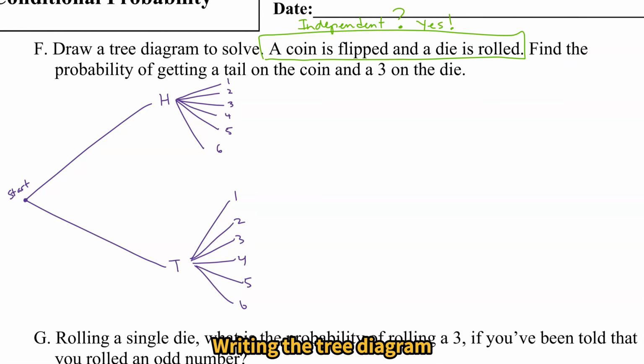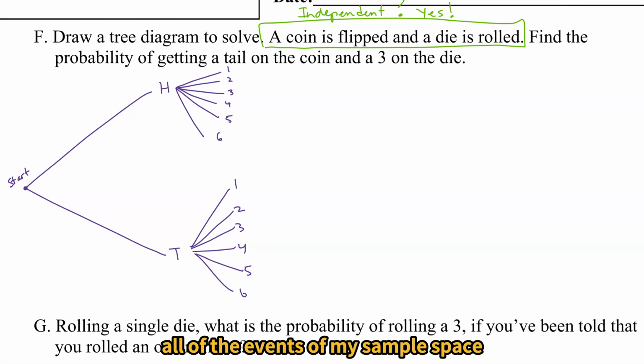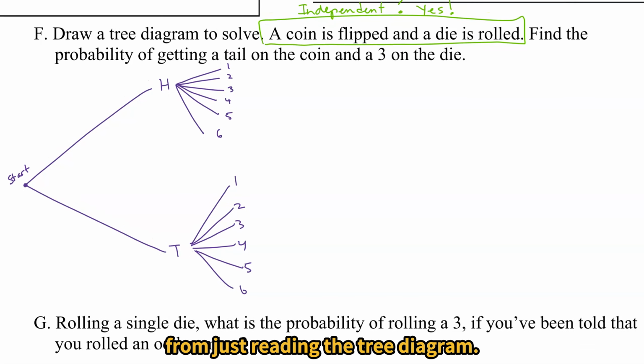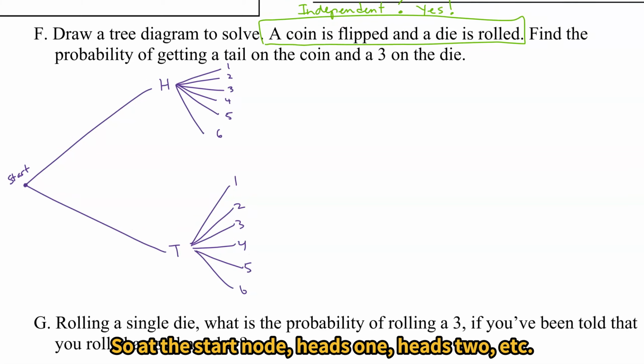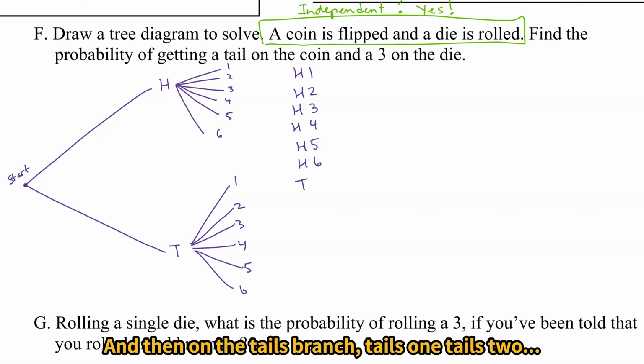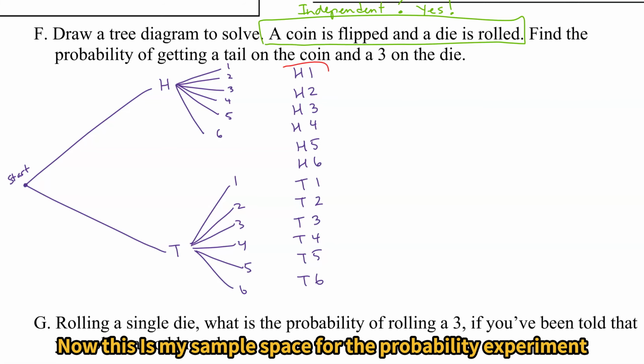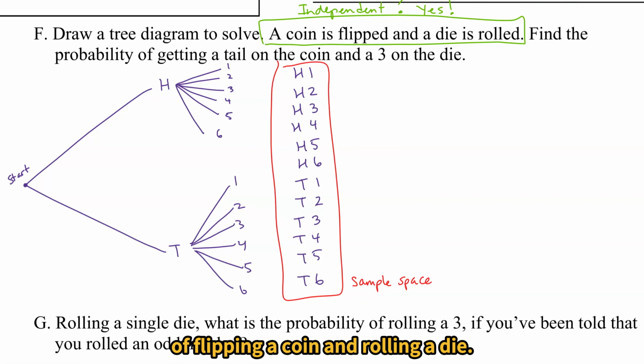Writing the tree diagram, I can get all of the events in my sample space from just reading the tree diagram. So at the start node, heads 1, heads 2, etc. And then on the tails branch, tails 1, tails 2. Now this is my sample space for the experiment of flipping a coin and rolling a die.